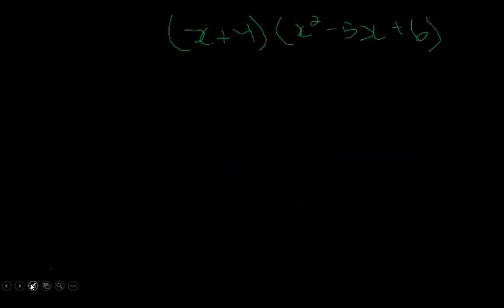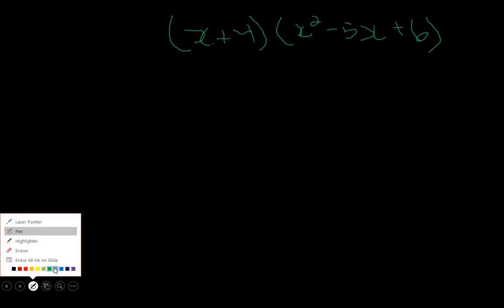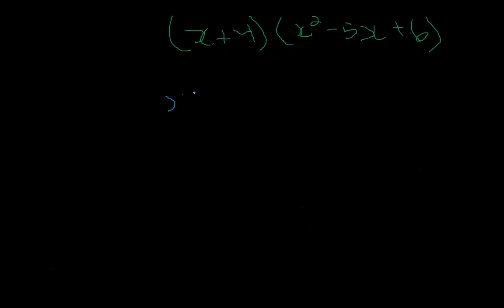So this is my quadratic here. I need to check to see if it can be factorized. Because if it can be factorized, I must factorize it, else I would lose marks. Okay, so what two numbers when added would give me minus 5, but when multiplied would give me 6?